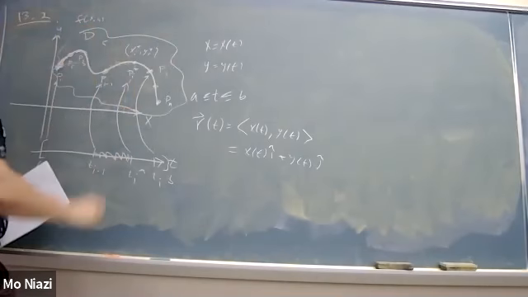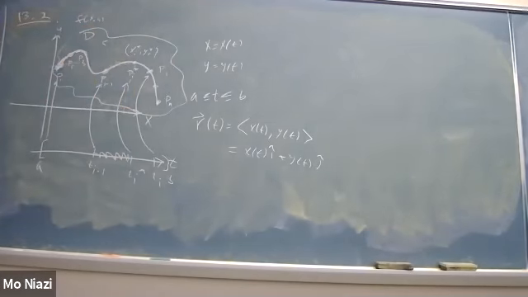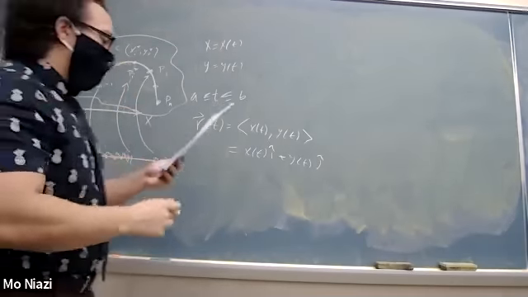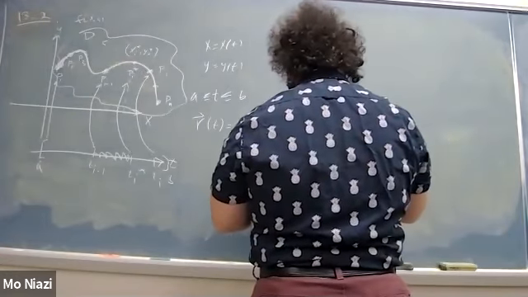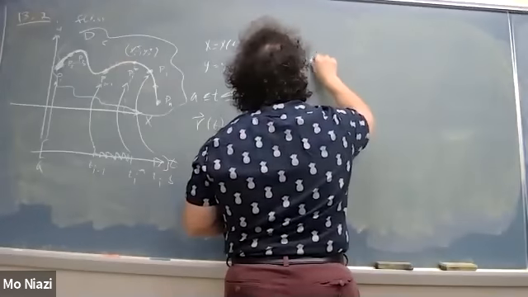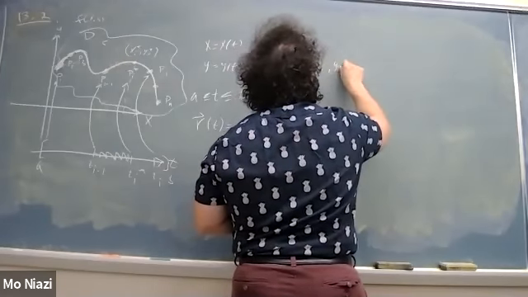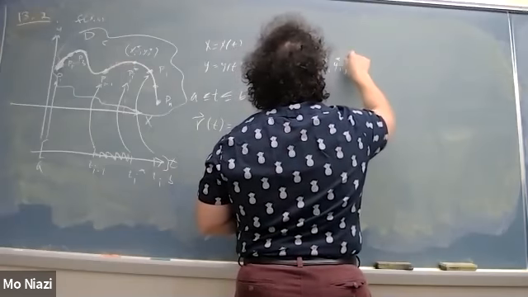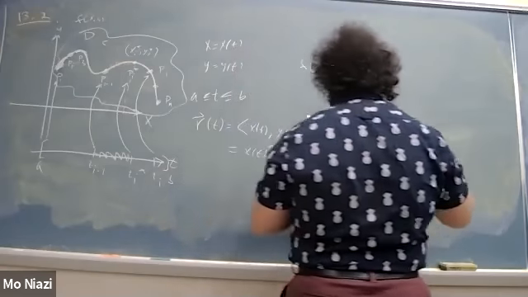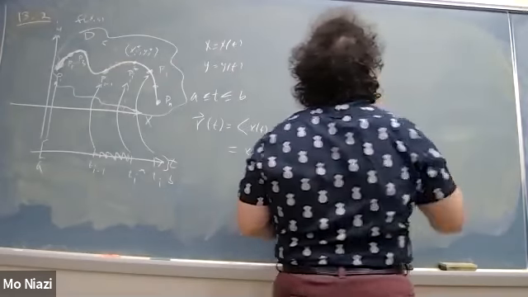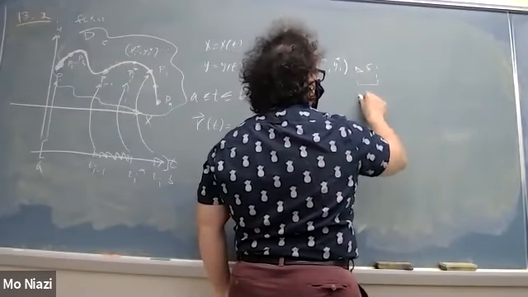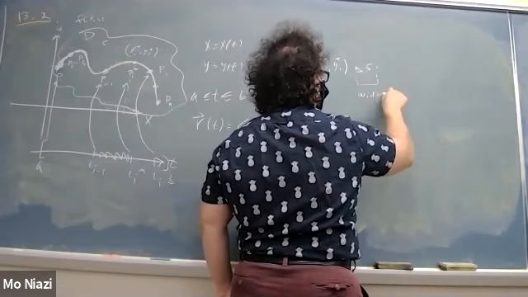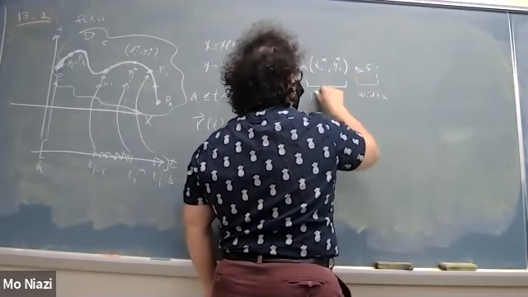Here's the domain D of f(x, y). Assuming your function has a domain that includes this curve, here's what we can say. Notice that this is just a difference in width, and this is just a difference in height.